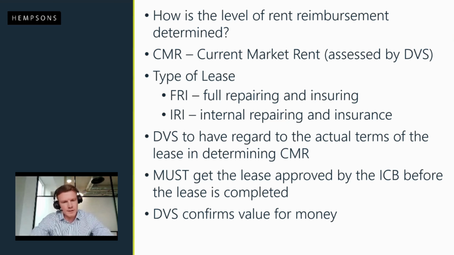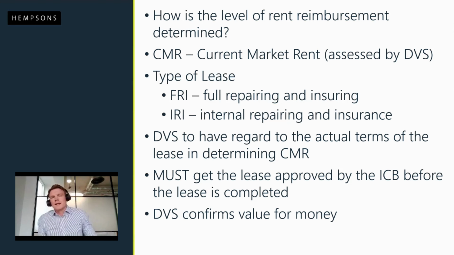And that's not to say that in the context of an internal repairing lease, there are no repair or potential dilapidations liabilities at all. It's just that it's limited to the internal parts of the premises, so it's unlikely, hopefully, to be a significant cost.